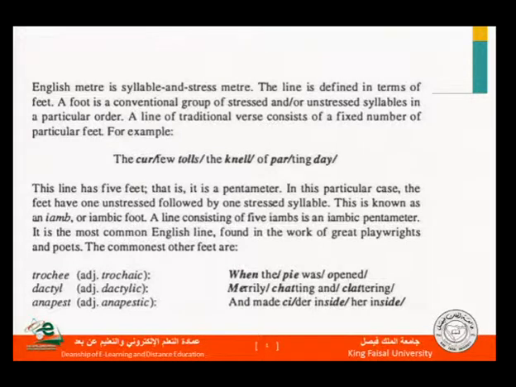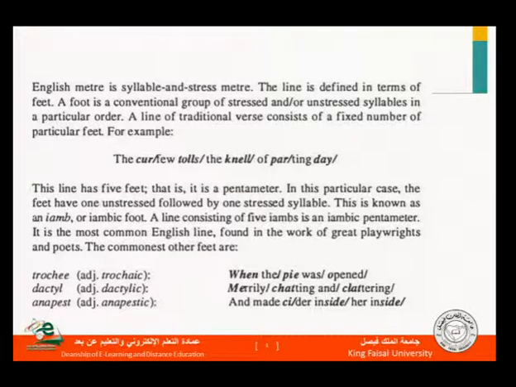Now, the line is defined in terms of feet. تفعيلات. meter وزن الشعري. feet التفعيلات أصلها foot. A foot is a conventional group of stressed or unstressed syllables، يعني بيكون في مقاطع مشددة ومقاطع غير مشددة. يعني مقطع مشدد بعد مقطع غير مشدد بعد مقطع مشدد بعد غير مشدد. This is the way the meter in English is built.